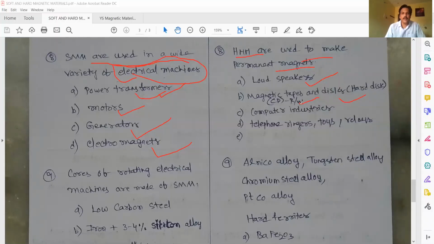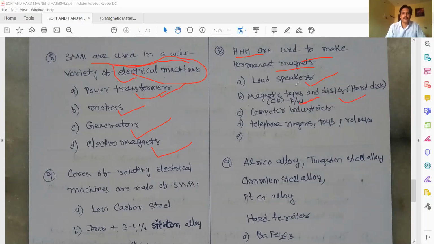CD, read and write. You have heard about CD, compact disk, which is a form of read and write. Read and write means data storage. The data that is available is stored in the form of magnets. You can read the data, and again you can rewrite the data.